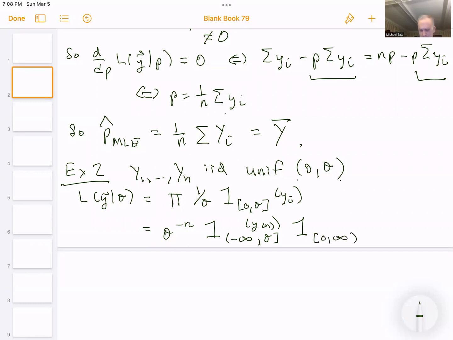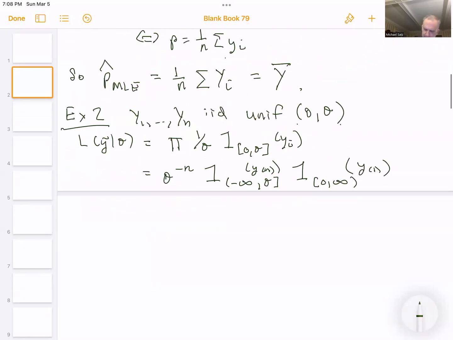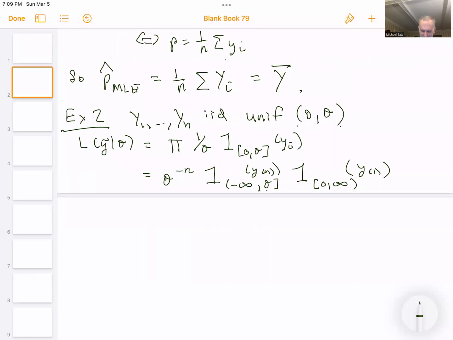Notice they can't go outside the range like this because y sub n in parentheses is the max. So if the max is less than theta, the min can't be greater than theta, but this is a good way to write it. It shows the right factorization.